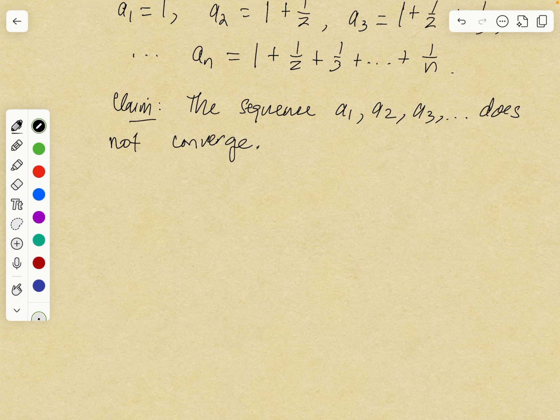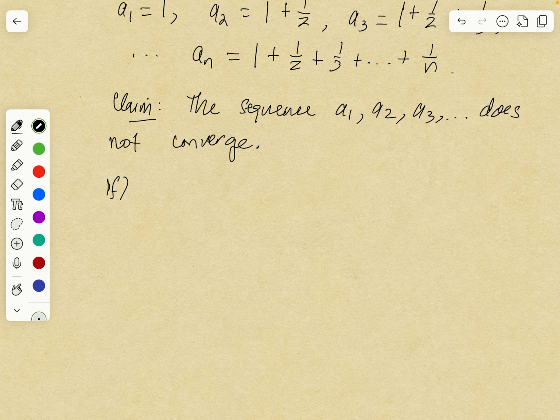So first, we'll observe. What you want to do, basically, to show that something is not Cauchy, is find some lower bound of the distance between a sub n and a sub m for certain n and m.